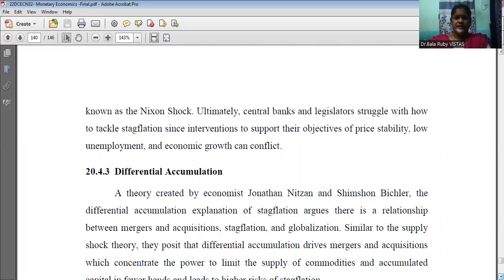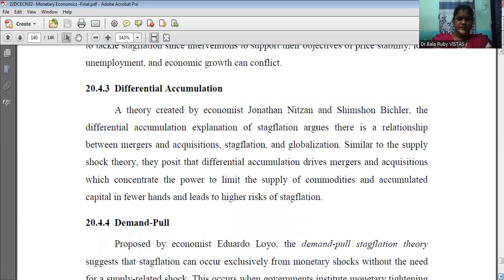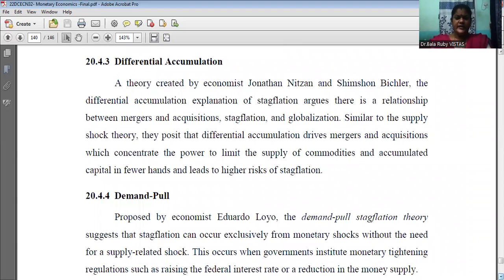So ultimately, the central banks and legislators struggle with how to tackle stagflation, since interventions to support their objectives of price stability, low unemployment, and economic growth can conflict. The next one is differential accumulation, a theory created by economists.